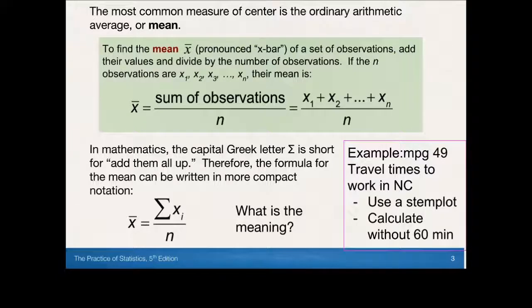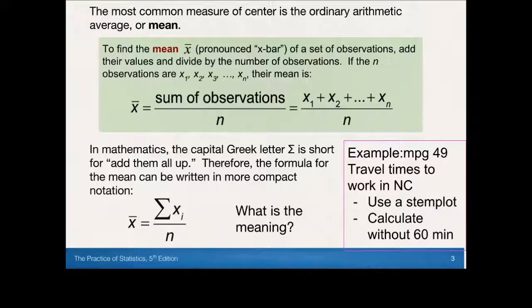So you're going to add up the numbers. If you look at the stem plot, you'll see that we have 5 plus 10 plus 10 plus 10 plus 10 plus 12 plus 15 plus 20 plus 20 plus 25 plus 30 plus 30 plus 40 plus 40 plus 60.